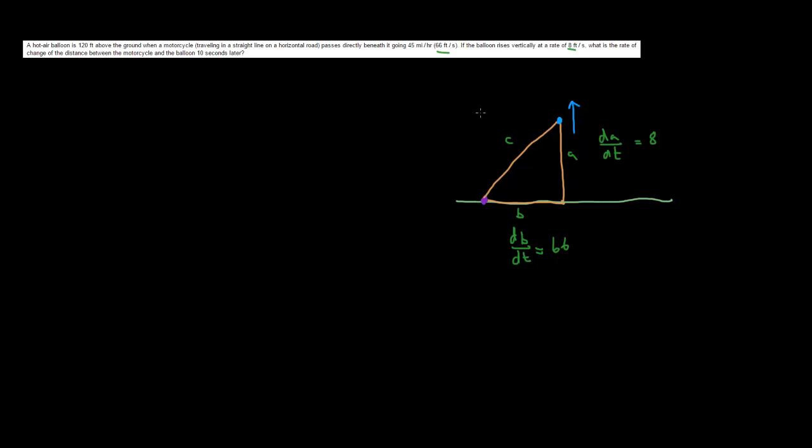Okay. What else do we know here? 66 feet per second, 8 feet. And it tells us that at this particular moment, the hot air balloon is 120 feet above the ground. Oh, okay, I see where we're going here.